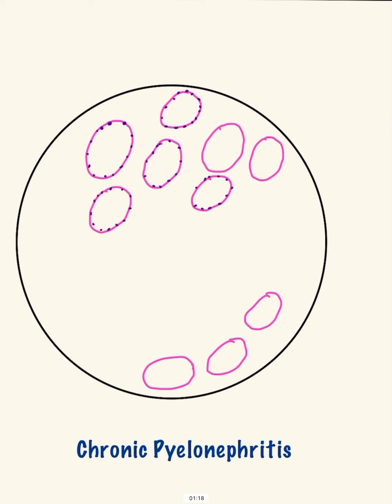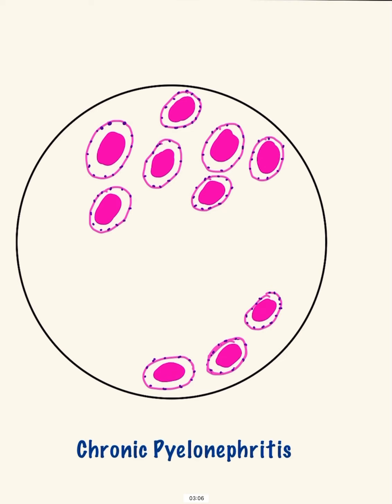The normal lining is cuboidal epithelium; here it is flattened. They are dilated, atrophied and flattened, and inside them you have to make this pinkish eosinophilic colloid-like material, also known as colloid cast, and this is known as the thyroidization of the tubules.